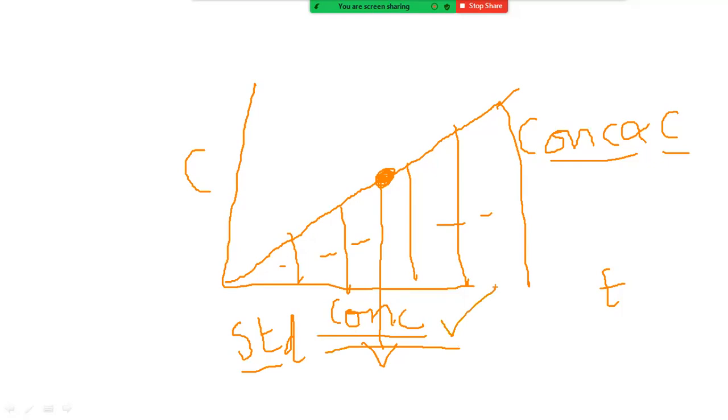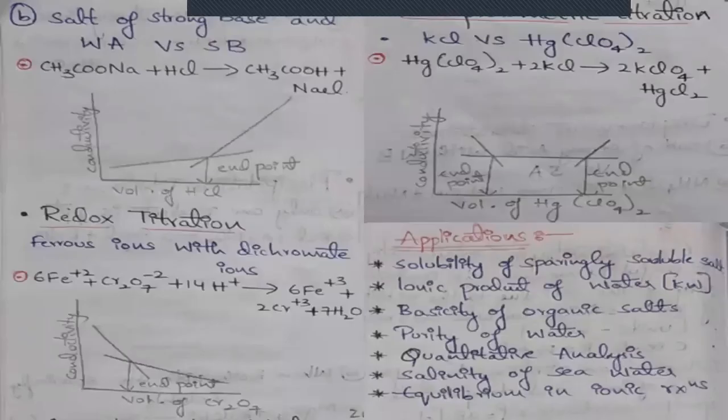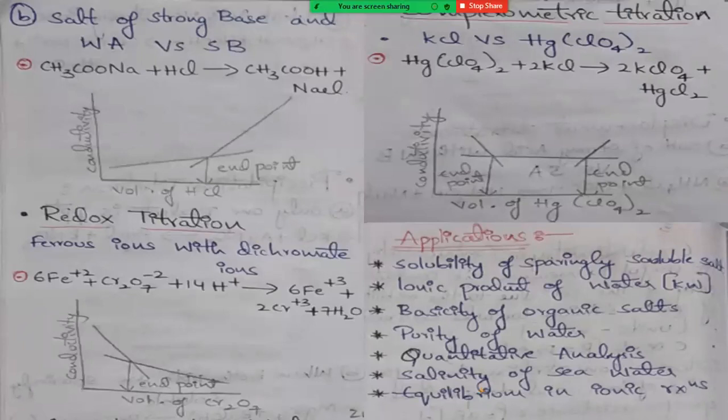Okay, so this is easy. This can be easily performed by using conductometric titrations. And the next one is salinity of seawater. The salinity is mainly due to sodium ions and chloride ions present in the seawater. So we can test the salinity levels by using conductivity values. Why? Because these sodium and chloride ions produce mobility.